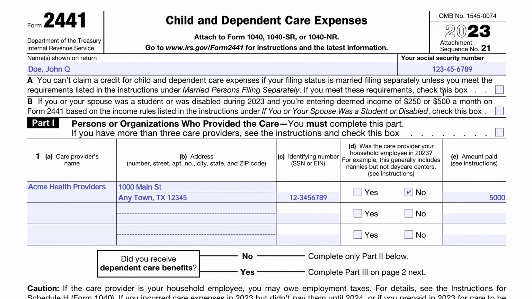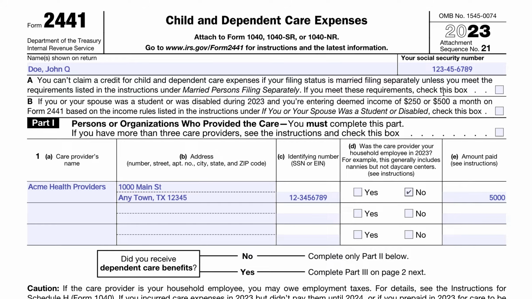The requirements are that you be considered unmarried for purposes of claiming the credit, which involves A, living apart from your spouse during the last 6 months of the year. B, your home was the qualifying person's main home for more than half of the year. And C, you paid more than half of the cost of keeping up that home.